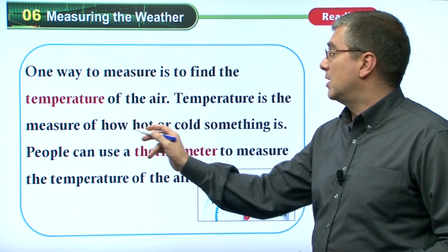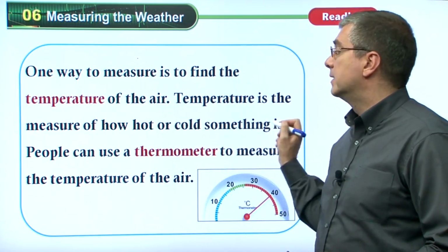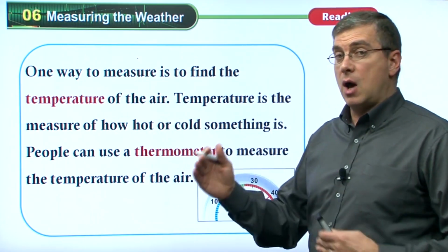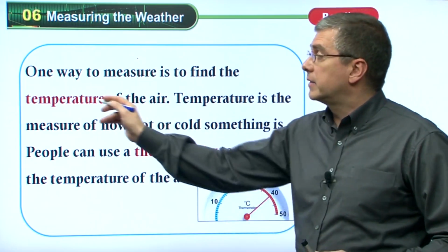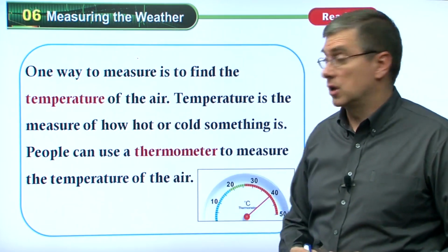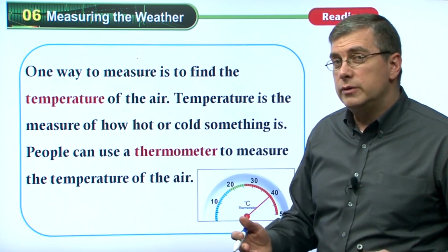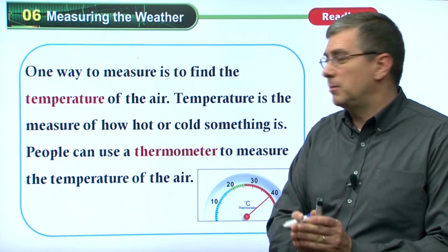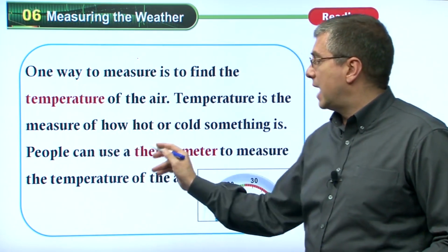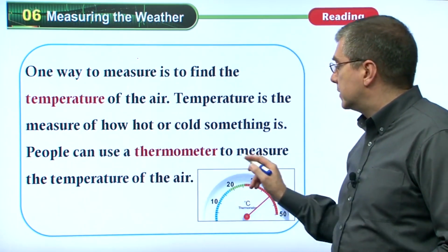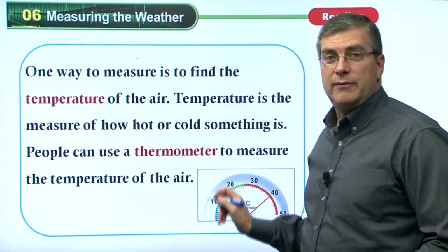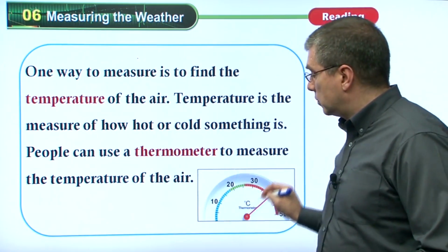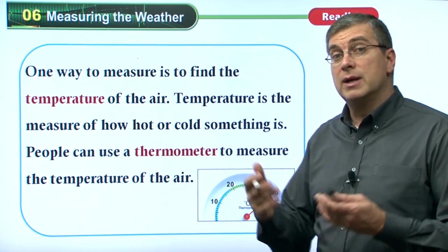Temperature is the measure of how hot or cold something is. What do we use to measure the temperature? What is the tool used to measure the temperature? Well, people can use a thermometer to measure the temperature of the air. So this is the tool that we use to measure the temperature.